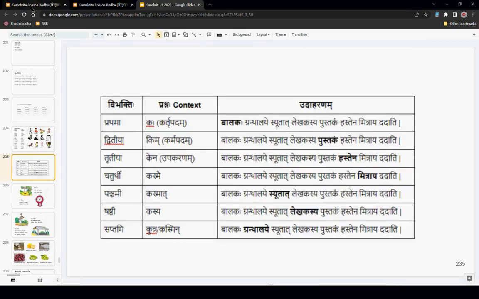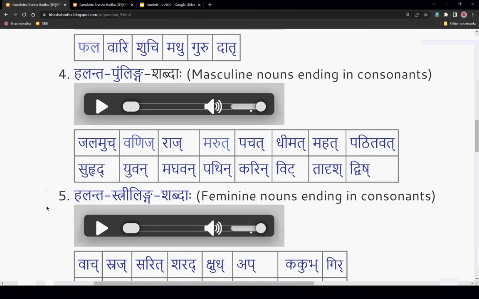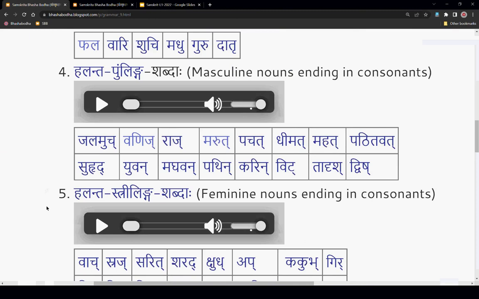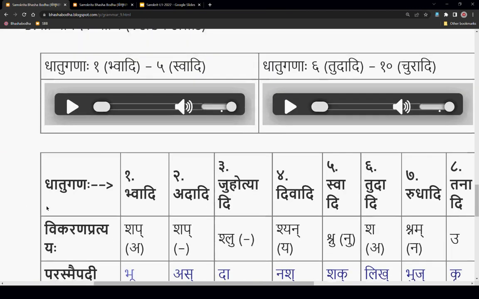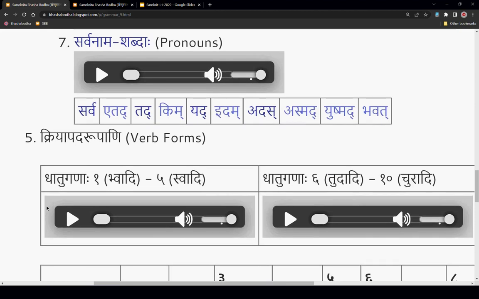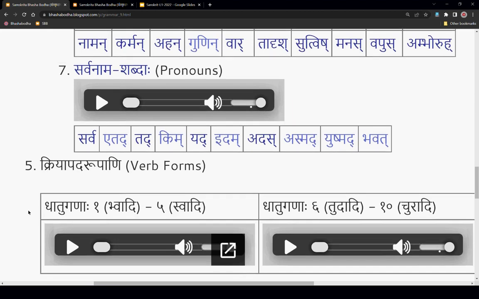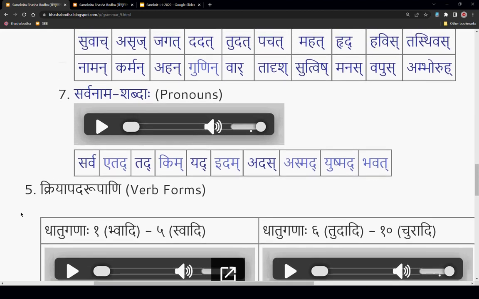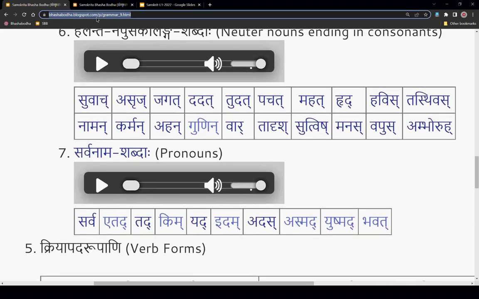Excuse me, sir. I don't know how to get there, like from the starting page. Yeah, you go to this website, Bhasha Bodha blogspot.com. If you don't have this link, I'll send it to you in the email.